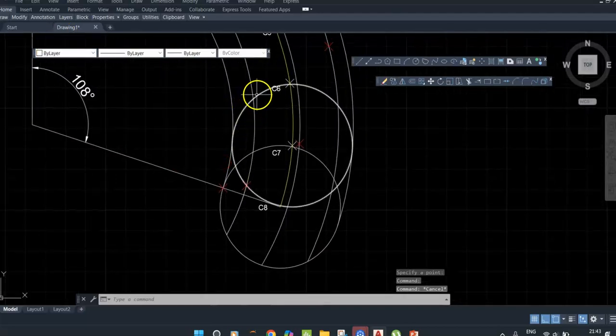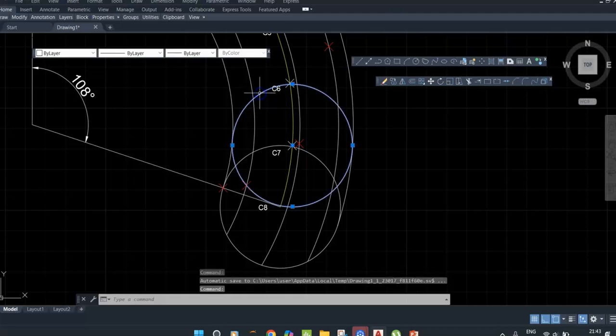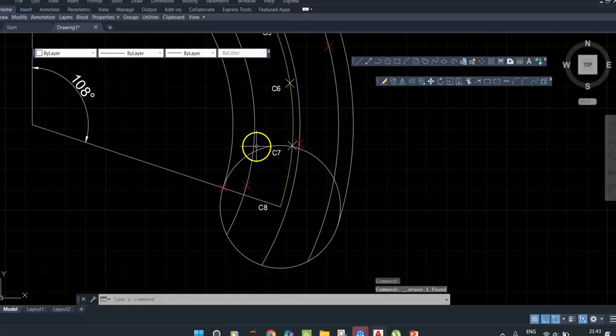Later on, delete these rolling circles to avoid confusion. To keep them is also no problem.